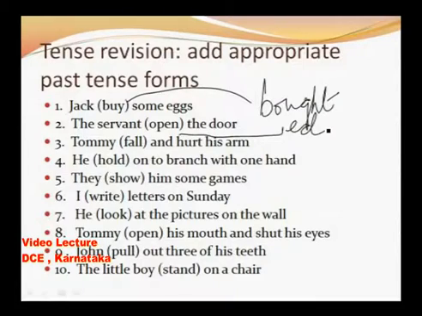I shall read the third sentence slowly. Please add the appropriate past tense forms. Tommy (fall) and hurt his arm. Fourth sentence, he (hold) onto the branch with one hand.